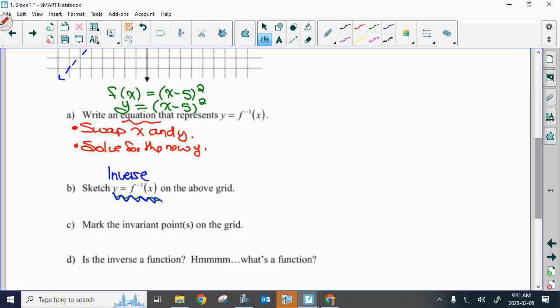So when you're coming up with the equation of that sideways parabola, I'm going to take my original function, swap the x and y, and now I have to solve for the new y.